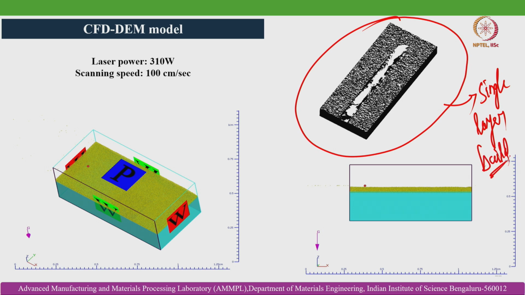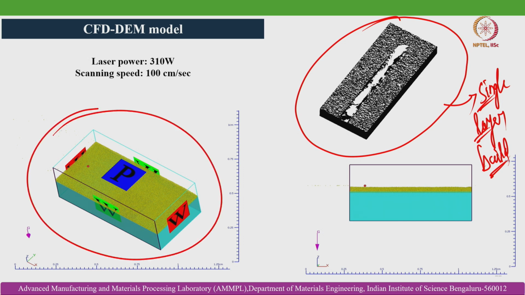You may look into the publication to grab deeper insights, and this is a typical boundary condition in different directions of the powder bed that is considered for the LPBF simulation, where a laser power of 310 watt and a scanning speed of 100 mm per second were considered. Okay.